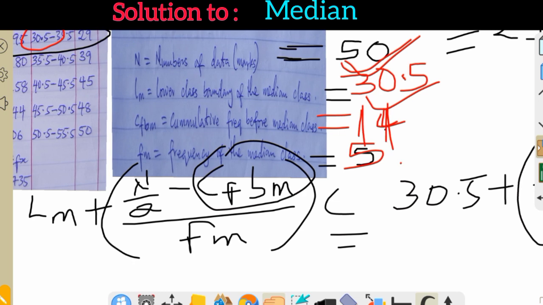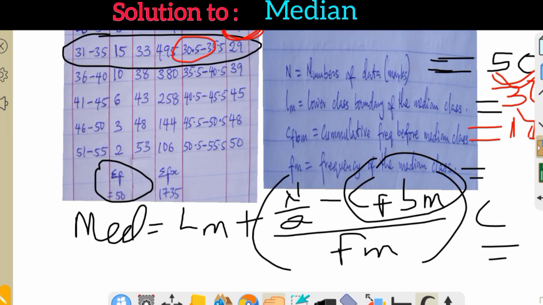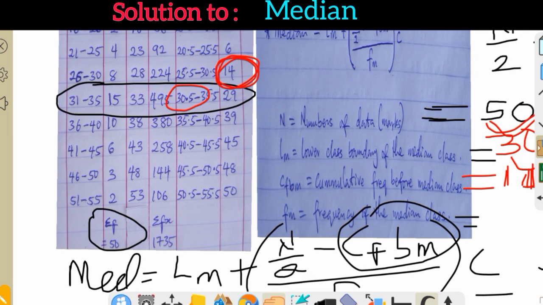I'm sorry, we have made a mistake again. This is not our class interval. So the frequency of the median class is what? This is the frequency of the median class. I didn't even write interval there. The frequency of the median class is 15.